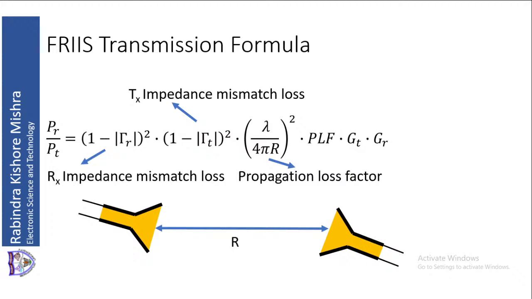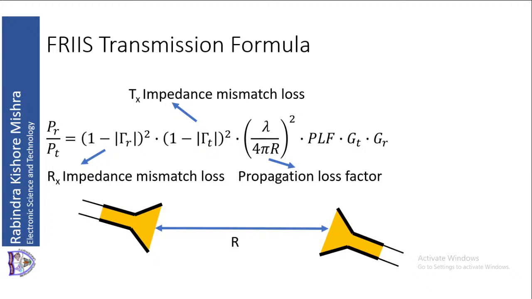Therefore, the ratio PR by PT is equal to 1 minus gamma R square into 1 minus gamma T square, where gamma R and gamma T are the reflection coefficients of the receiving and transmitting antennas, then lambda by 4 pi R whole square, into PLF, into GT into GR. This formula is called the Friis transmission formula.